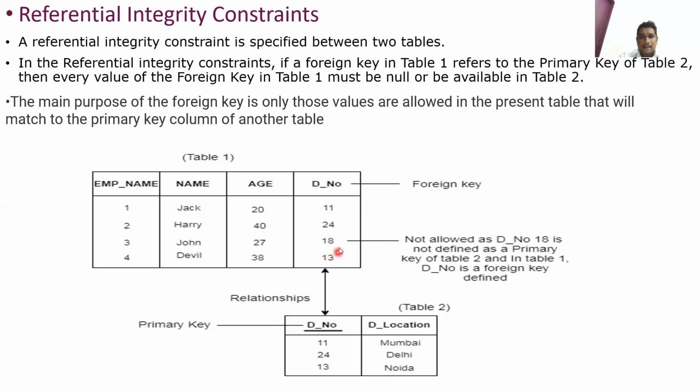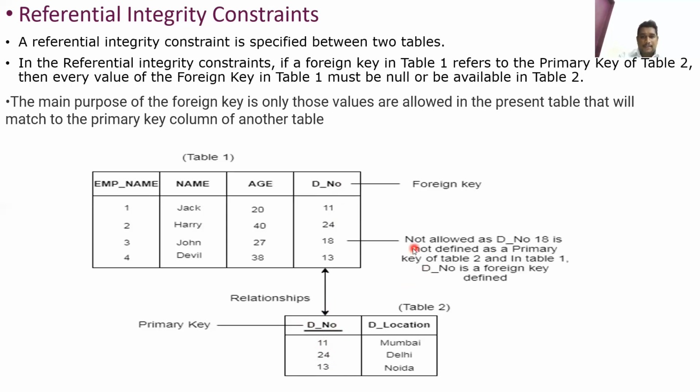But 18 is not available, so there should not be such data here. If there is data 11 and 24 but no 13, it is acceptable. Whatever data must be available in the foreign key must be available in the primary key. I hope you understand.